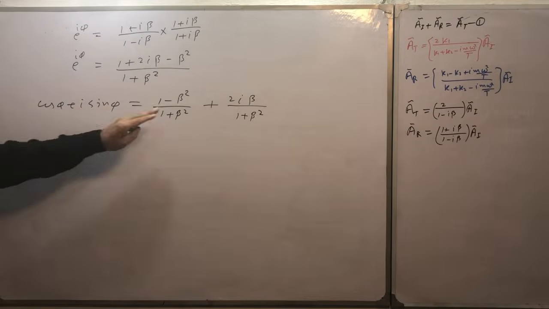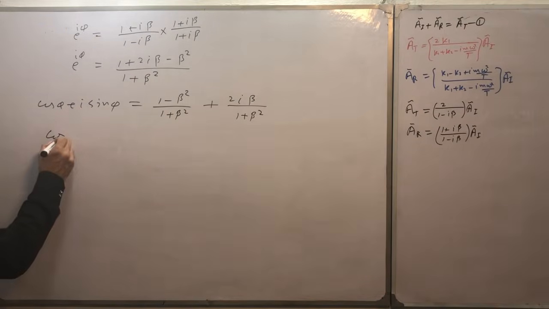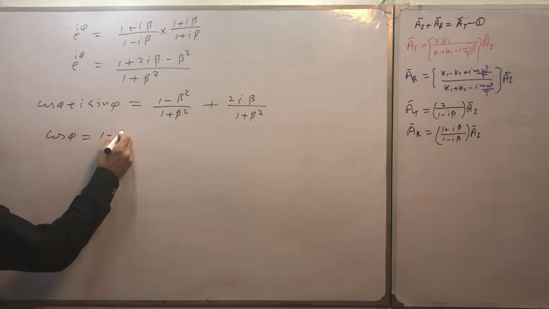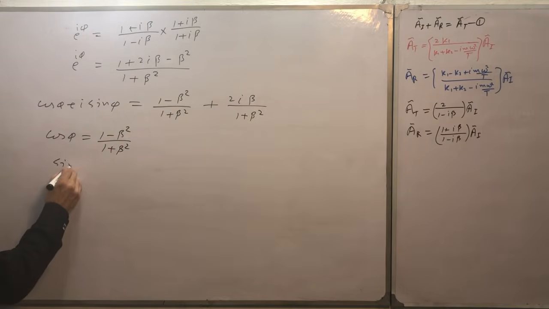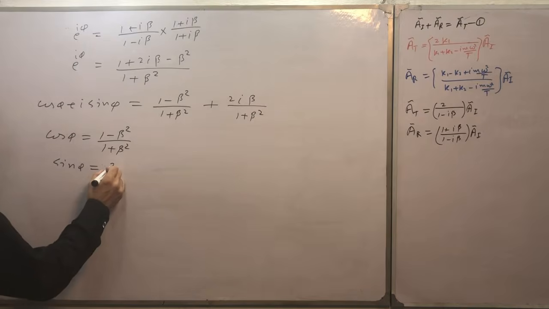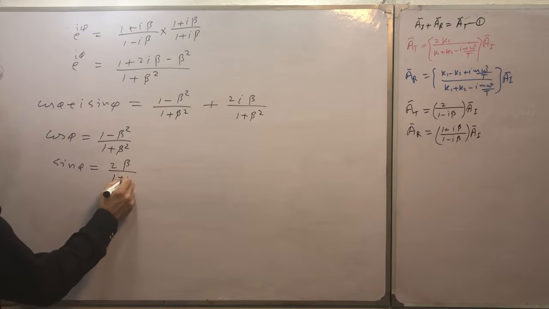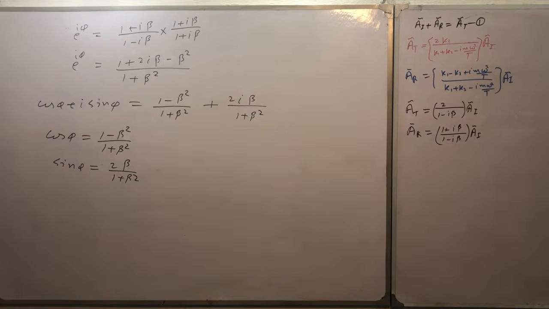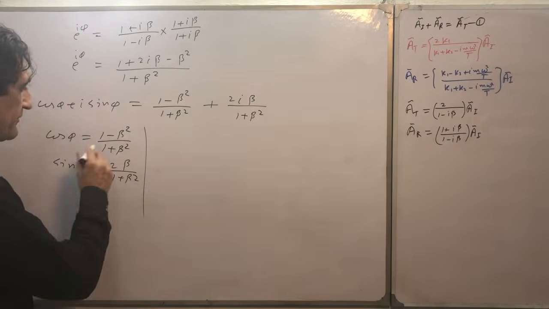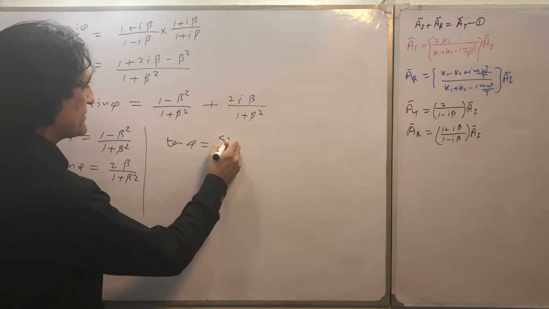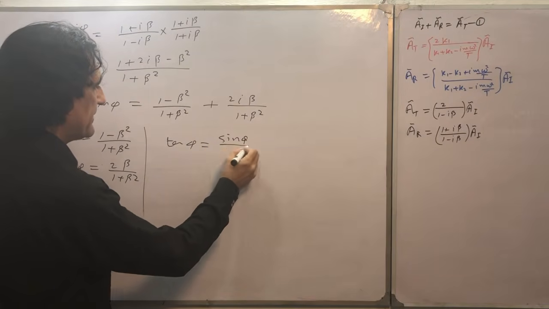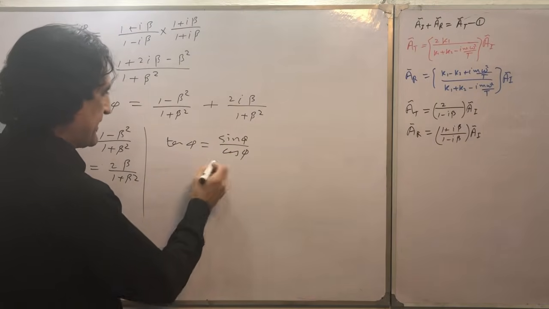Now compare the real and imaginary parts. Cos phi is equal to 1 minus beta square divided by 1 plus beta square, and sine phi is equal to 2 beta divided by 1 plus beta square. Now from this, tangent phi is equal to sine phi divided by cosine phi.